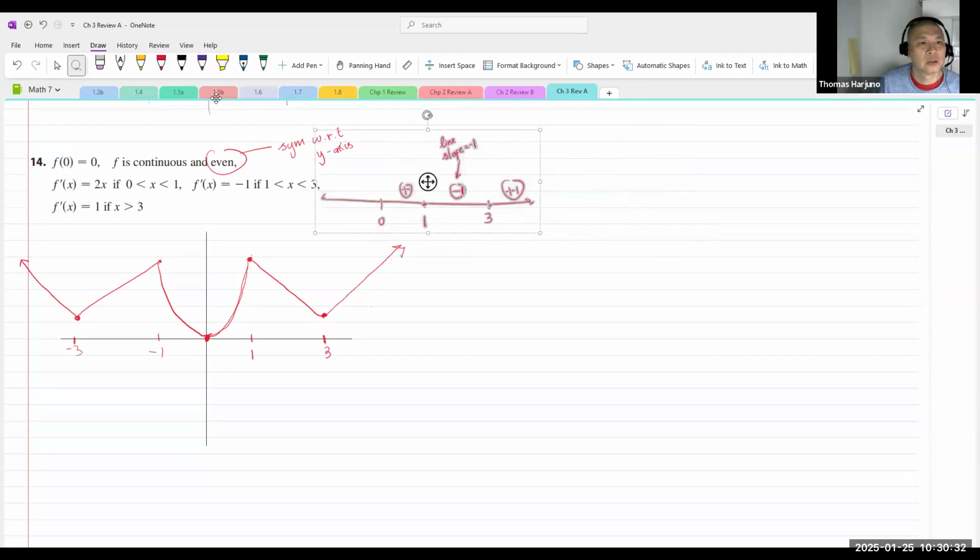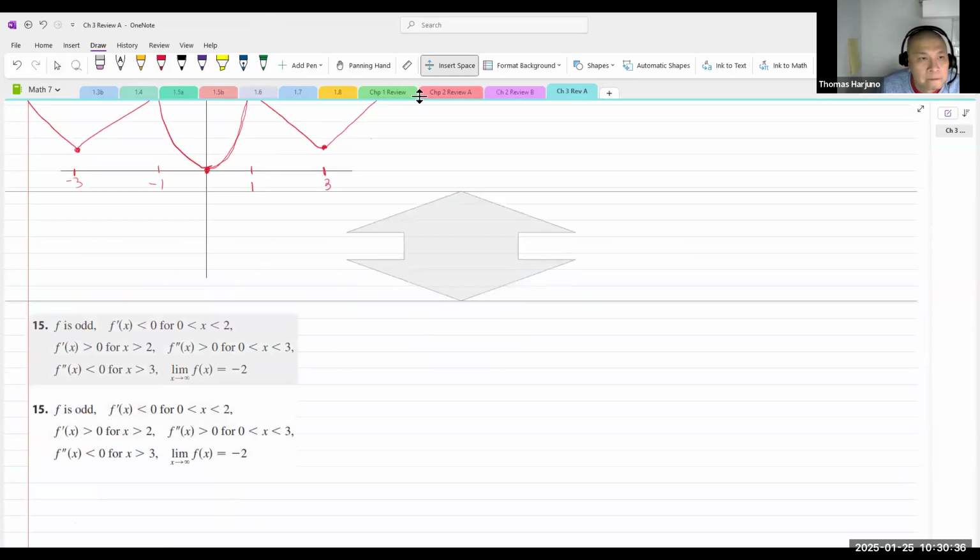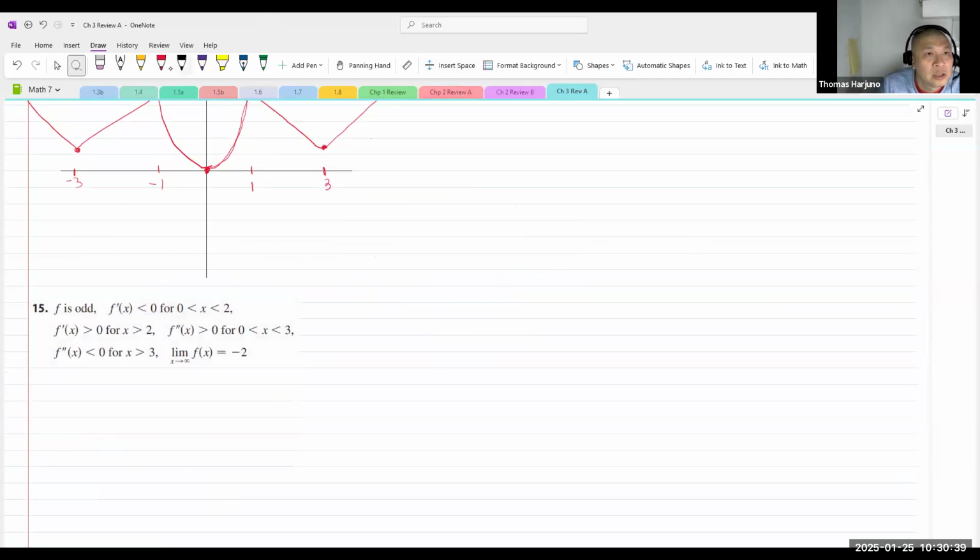There's a good guide to see the graph. Number 15. The function is odd. Okay, then this is symmetric with respect to the origin. In other words, we can rotate that 180 degrees through the origin.